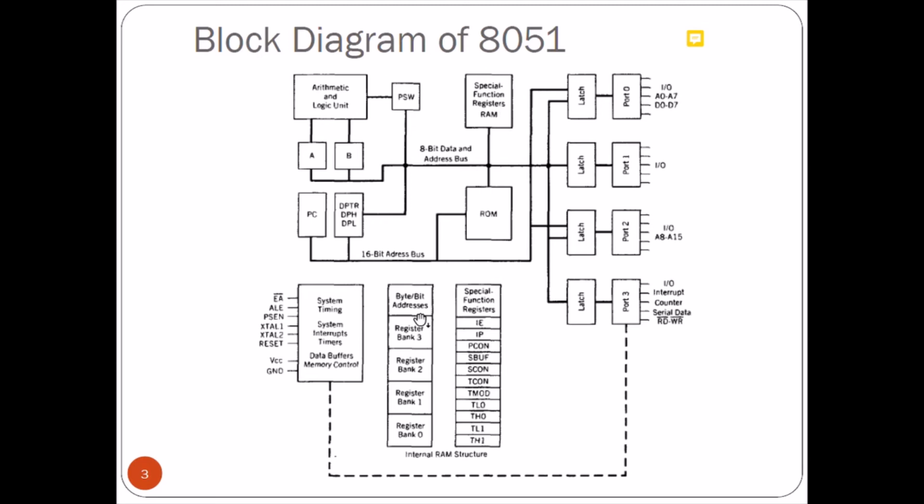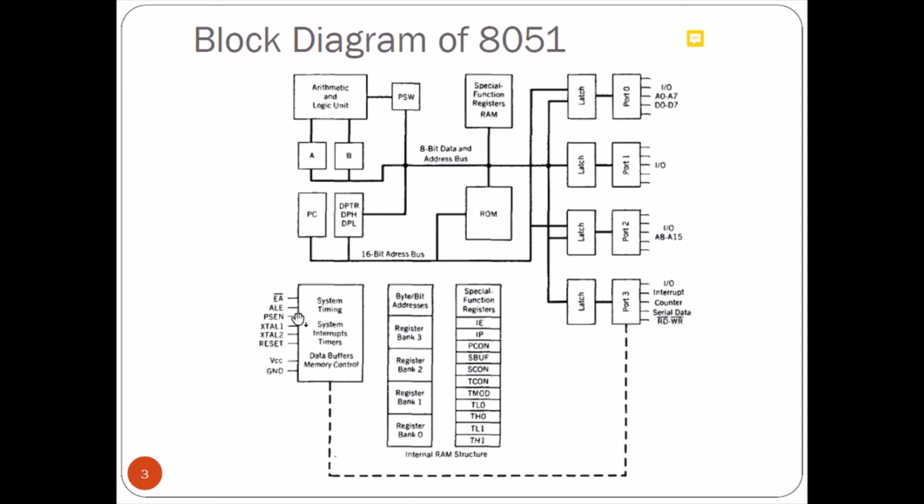And RAM, in RAM we have four banks of RAM. 128 bytes of RAM is divided into 32 bytes of 4 banks, each having 8 registers, R0 to R7. And then we have bit addressable 16 bytes, and then from 30H to 7FH we have scratchpad or general purpose RAM. It is not shown here, we will see.